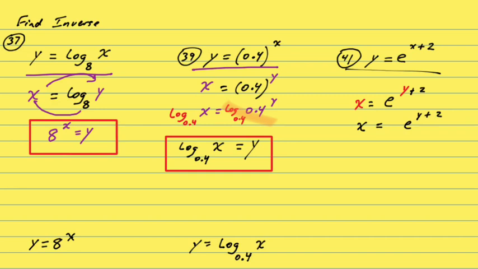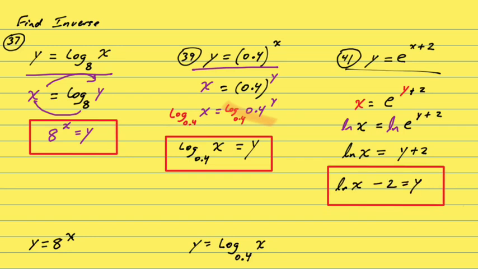To get rid of an e, you natural log it. So I have to do it to both sides. Natural log and e are inverse functions, so they eliminate each other, leaving me just the y plus 2. Now to solve for y, all I would have to do is subtract 2. And that would be the inverse for 41.